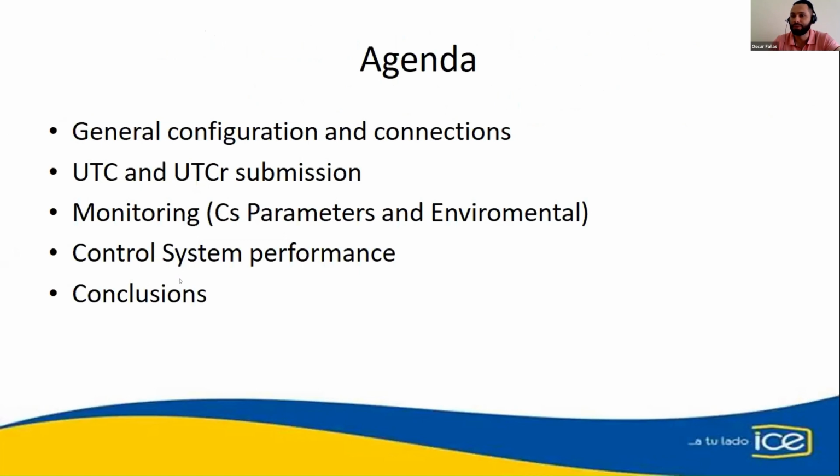We will go into these topics. First, I'm going to present you a general configuration and connections to understand how we have our setup configuration. Then we are going to the UTC and UTCR submission that we do in an automatized way. After, we will go to the monitoring of the cesium parameters and environmental conditions that we realize in our lab, the control system performance for quality, data, and accuracy, and some final conclusions.